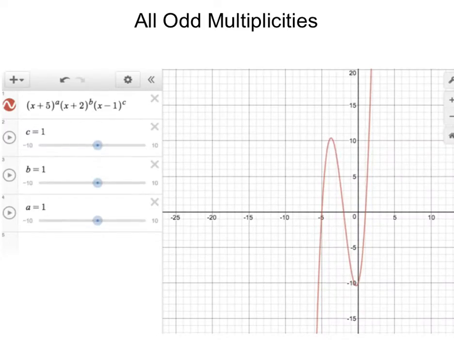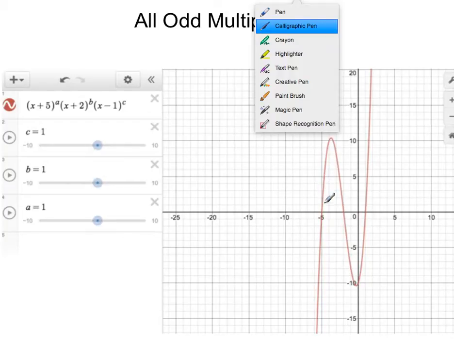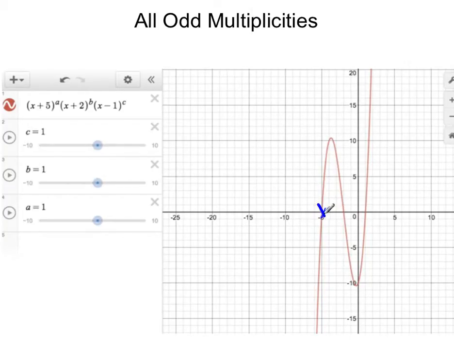Now, here I've graphed in Desmos my function, and each of these has multiplicity 1. And you'll notice that I have my x-intercepts in each of these places, and my graph passes through the x-axis at each of those points. All of them have odd multiplicities.